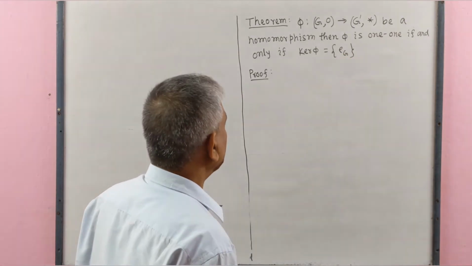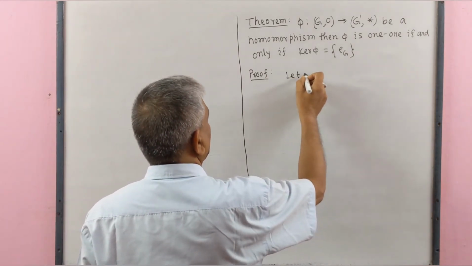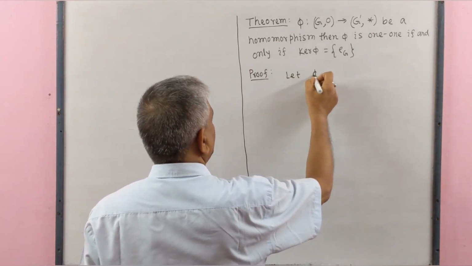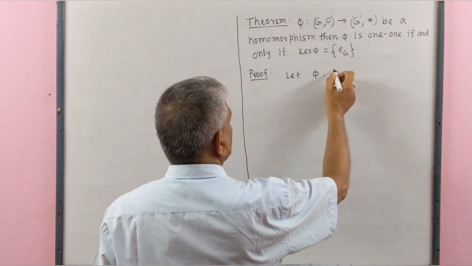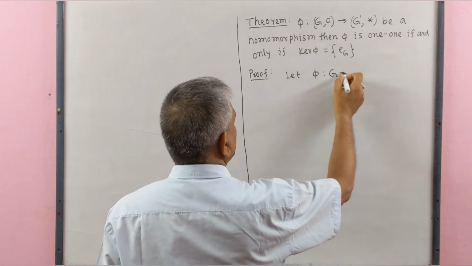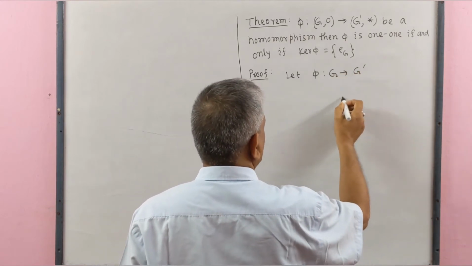Now we prove this. Let phi be a homomorphism defined on group G into group G prime.